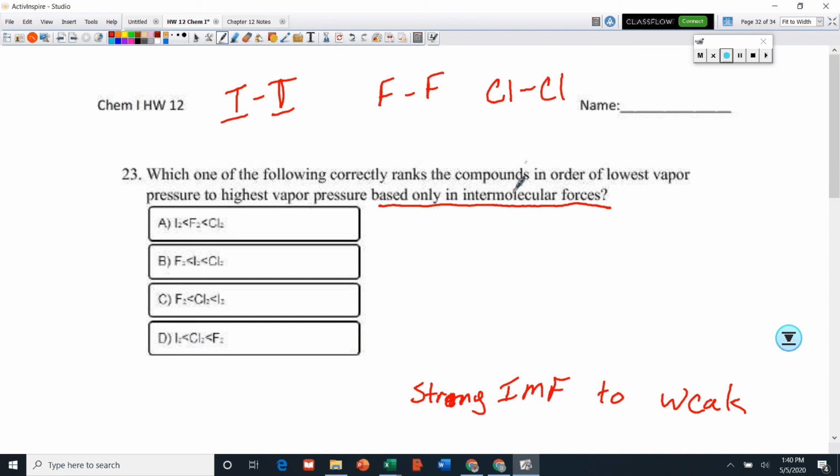So what we have to look at is total number of electrons. This one has the most electrons. This one has the fewest electrons. And you can look at atomic number for that and see that. So that means this one's in the middle. Remember, the more electrons it has, the stronger the IMF, because all of these are going to experience only London dispersion, but the more electrons you have, the more London dispersion you can get. So go from there on that one.